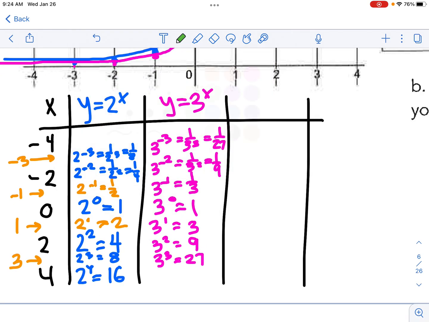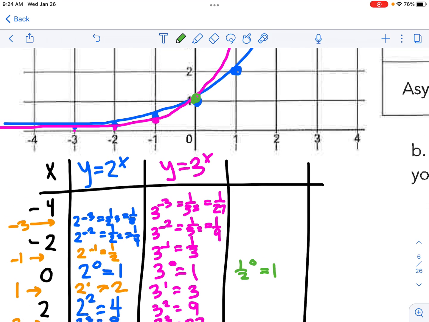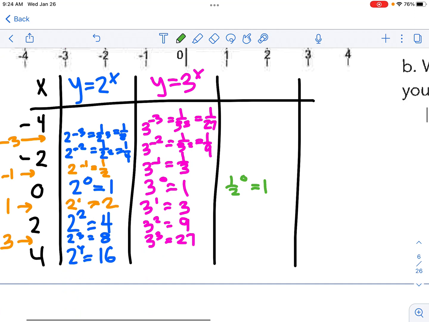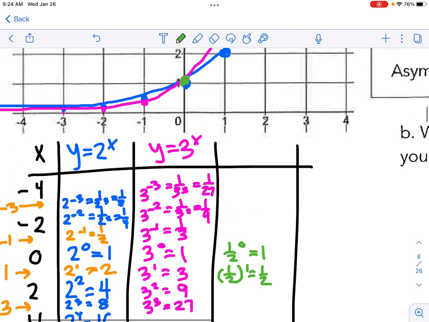So let's take a look at a half. Okay, so a half to the 0 power is still 1. So we're still starting at that same location. And a half to the first power is a half. So notice the fractions now are going to the right.